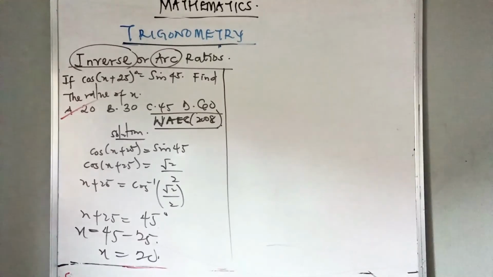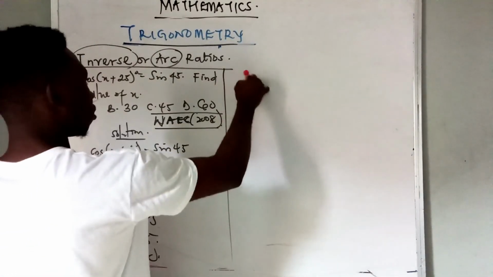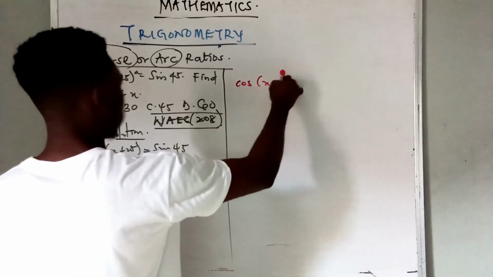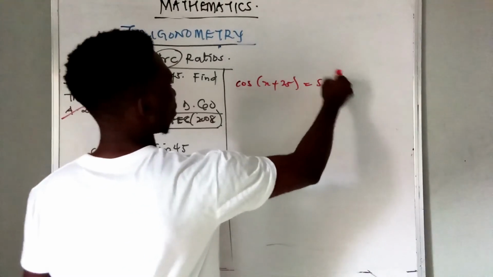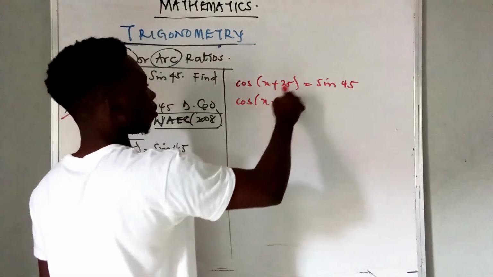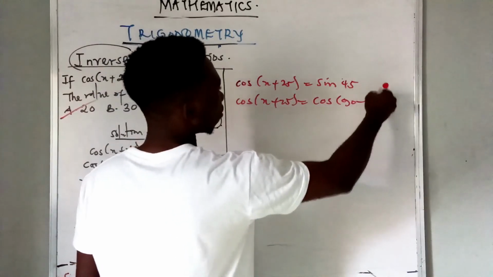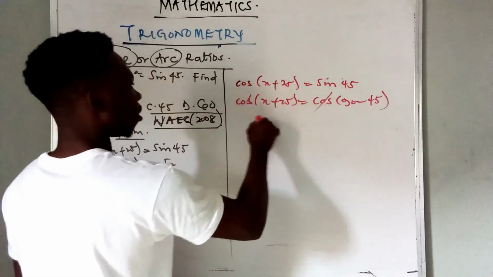So, if you are to proceed now using the relation, cos of x plus 25 is equal to sine 45. This is same as cos of x plus 25 is equal to cos of 90 minus 45. So my cos can cancel.